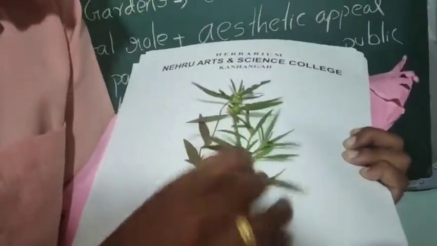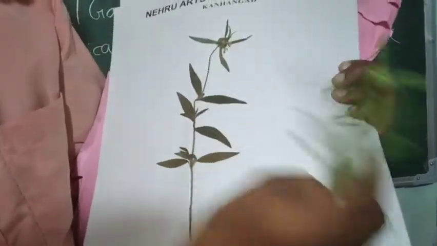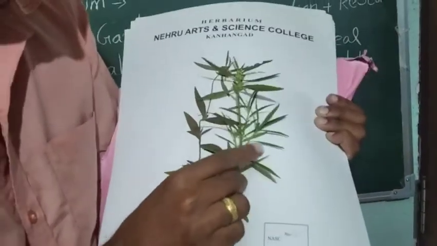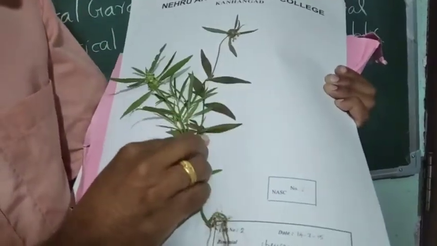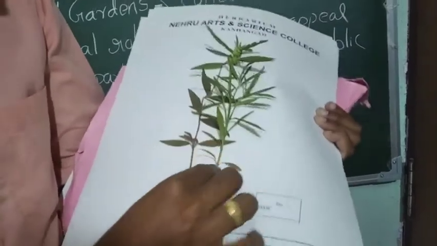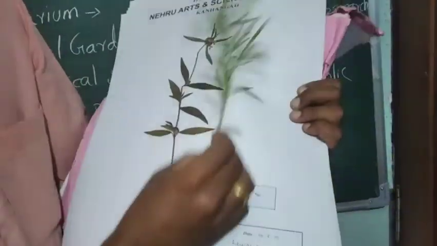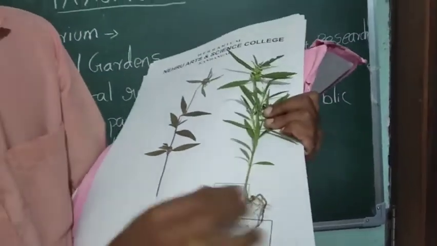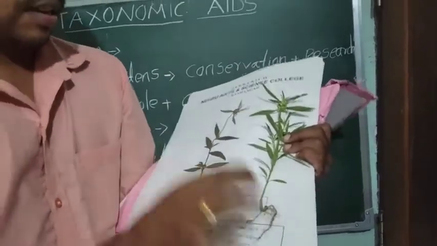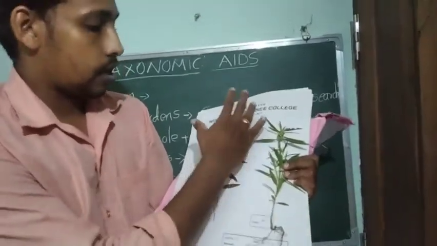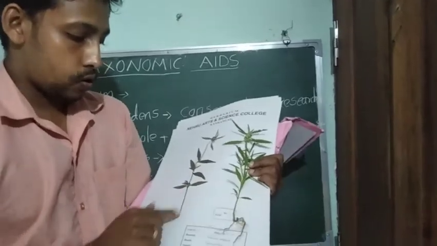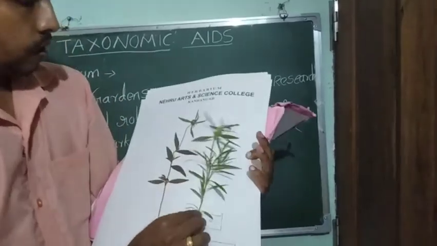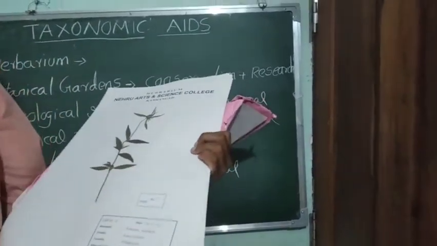So I can confirm that I have identified this plant. Including the roots also would be better. If we are preserving this kind of sheet, we can include the roots also.